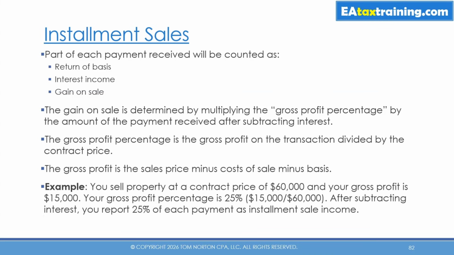So, for example, you sell property at a contract price of $60,000 and your gross profit is $15,000. Your gross profit percentage is 25%. You take the gross profit of $15,000 divided by the sales price of $60,000, that is 25%. After subtracting interest, you report 25% of each payment as installment sale income. In other words, as gain on sale.